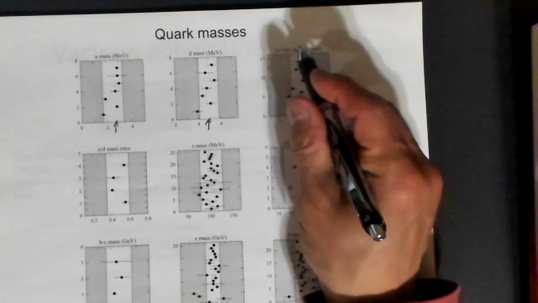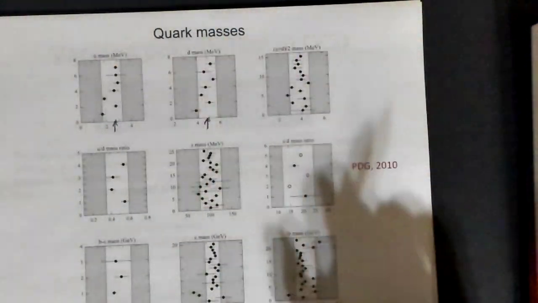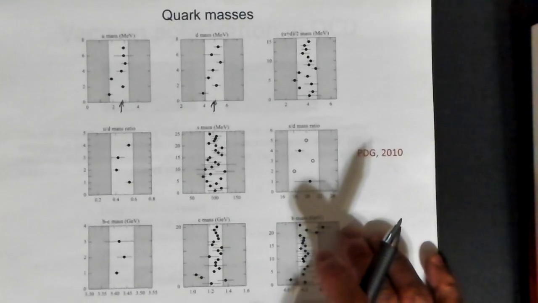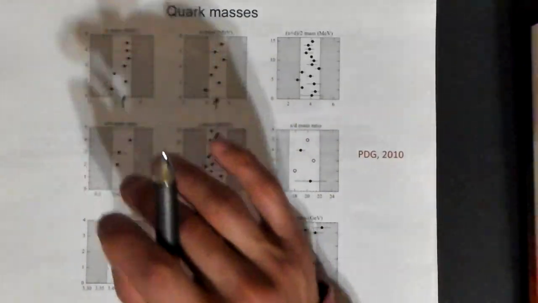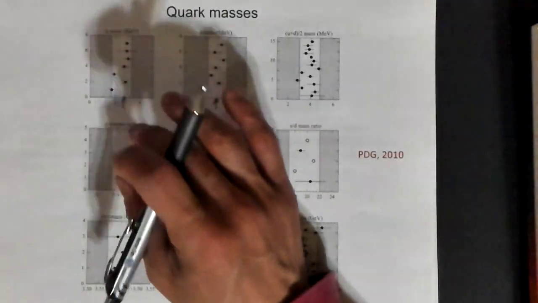Sometimes it's convenient to calculate quantities like the average of the two, as well as the ratio of the up and down quark masses. It turns out there are some observables like meson masses and such that are sensitive to this ratio.